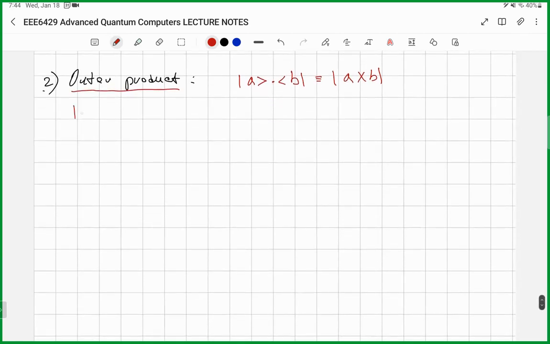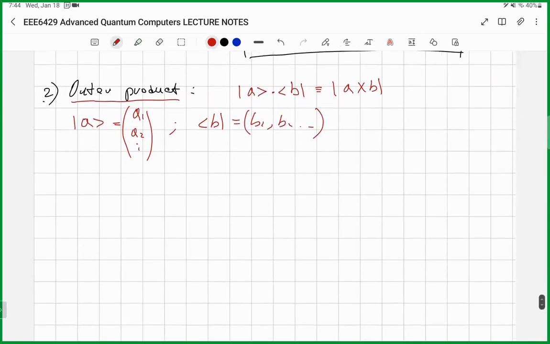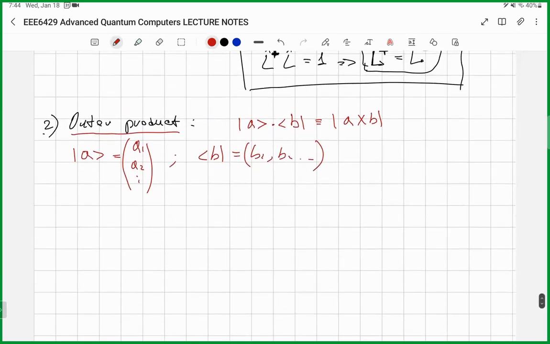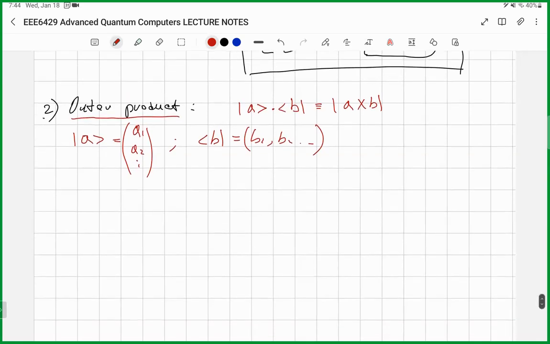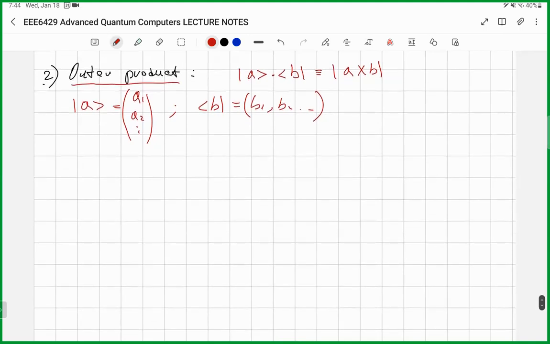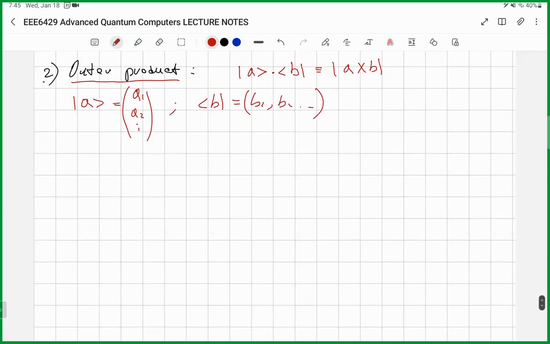And we know that a ket is a column, right? A1, A2, etc. And then the bra vector is a string, B1, B2, etc. And when we take the product like bra and then ket, then we multiply them as a scalar product according to the usual matrix product rule.